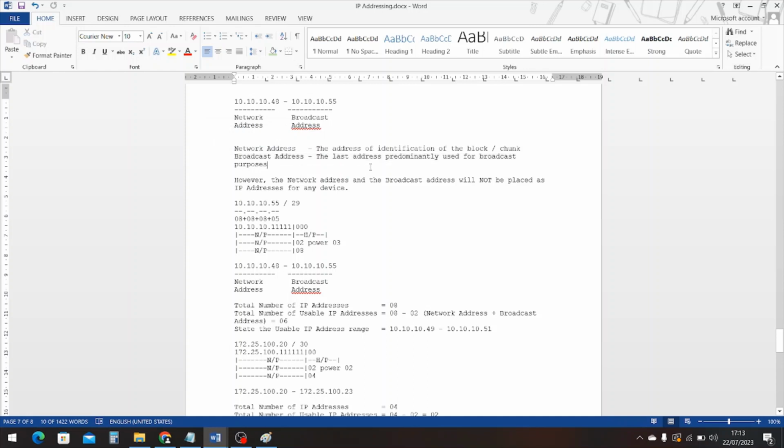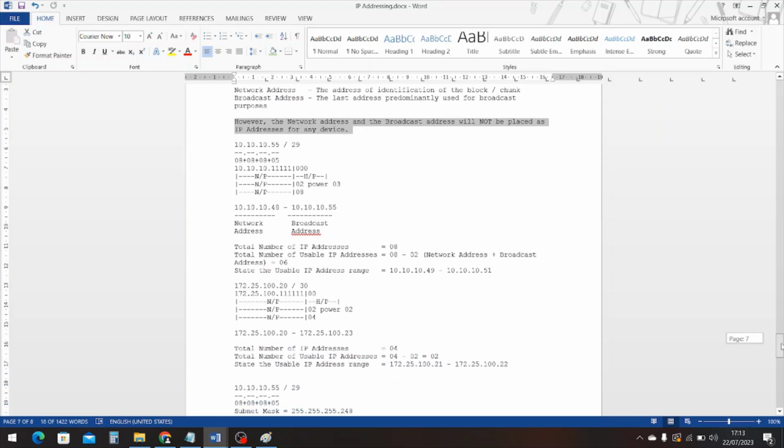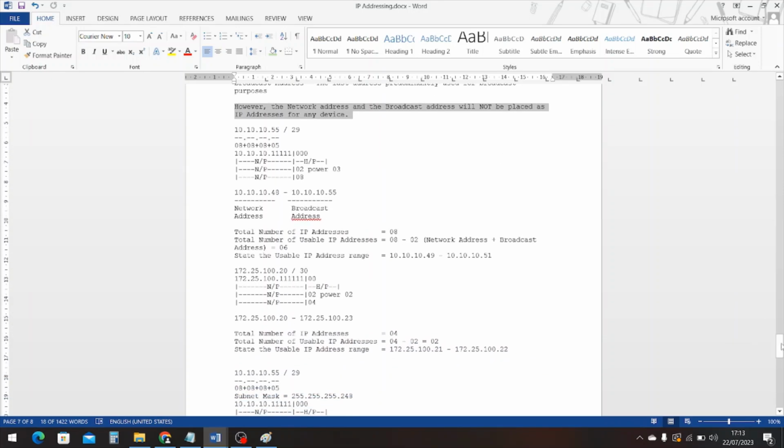If a broadcast occurs, it goes via the broadcast address. As I explained, these will not be allocated to any device. Similarly, you should be able to work out the broadcast and network addresses for the questions above. Now we need to scale up.